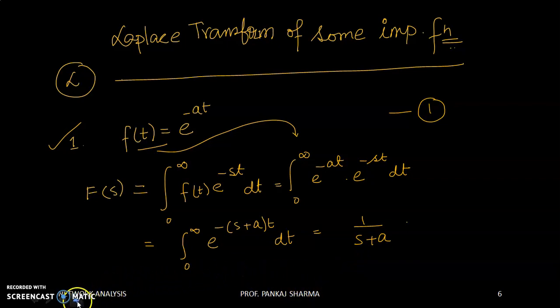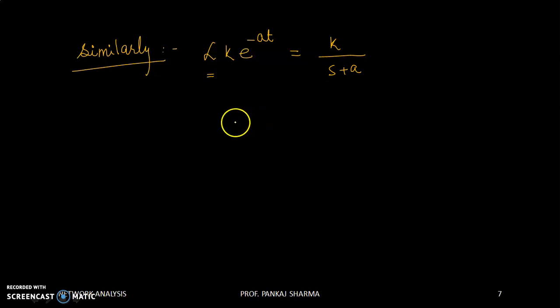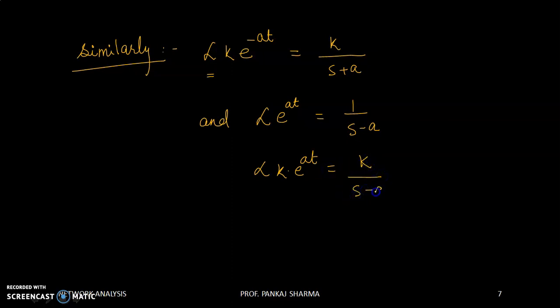Let us have some corollary. Similarly we can have Laplace of k into e raised to power minus at will be equal to, k is constant, k upon s plus a, and Laplace of e raised to power at will be equal to 1 upon s minus a, or Laplace of k into e raised to power at will be equal to k upon s minus a.